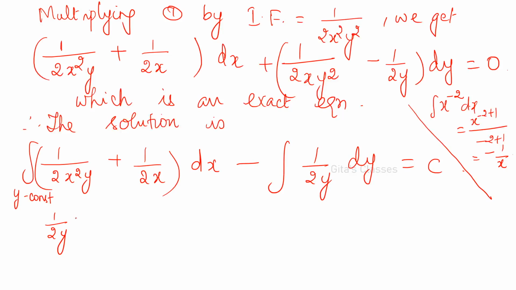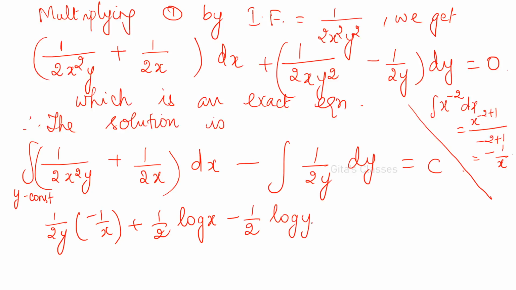I will write it in brackets so that it will be clear. So minus 1 by x plus 1 by 2 into x. The integral of 1 by x is log x, minus 1 by 2 into log y is equal to c.